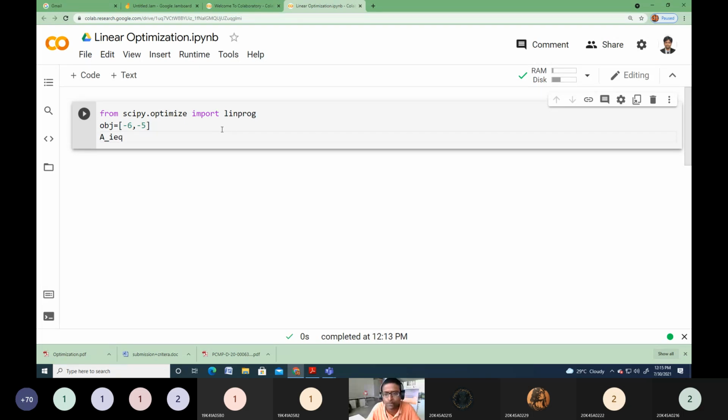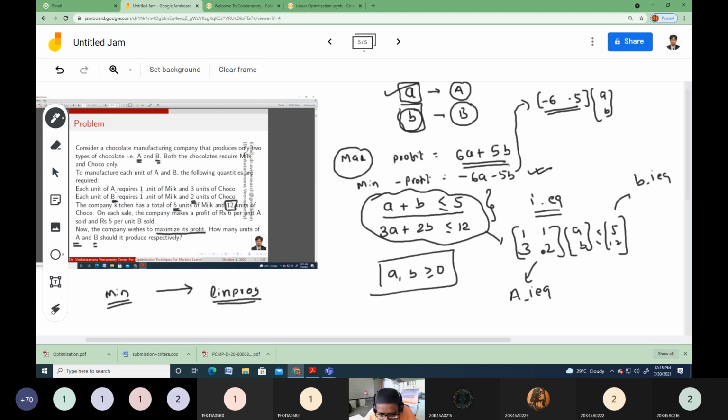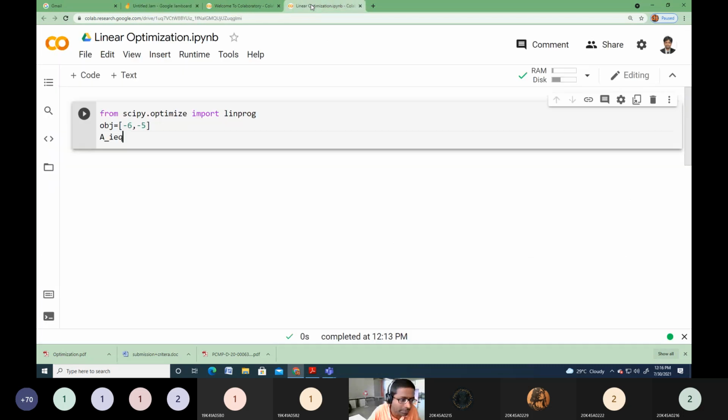I am preparing it in the format AX less than or equal to B. Now I want to store the coefficient matrix as well as the constant matrix in variables, so that's what I am doing here.